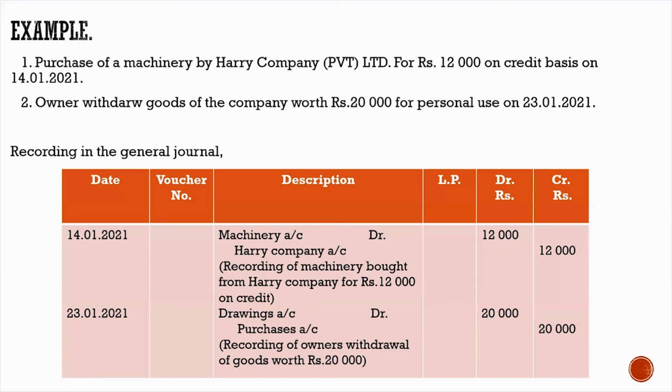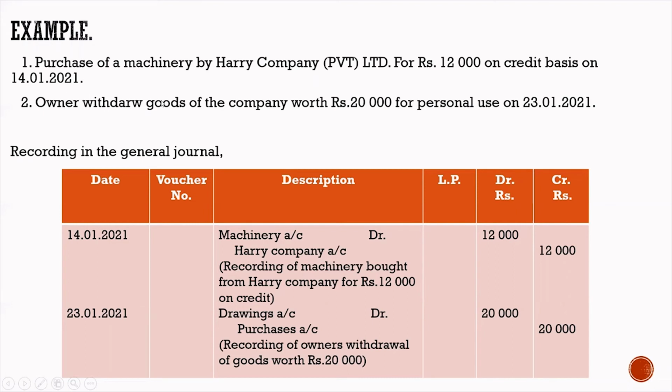So the machinery bought will be debited to our account, while since it's a creditor who has given us that amount, we have to credit him. So here are the debit and the credit entries. And since we have to write a narration about the transaction, you write: recording of machinery bought from Harry's company for rupees 12,000 on credit.